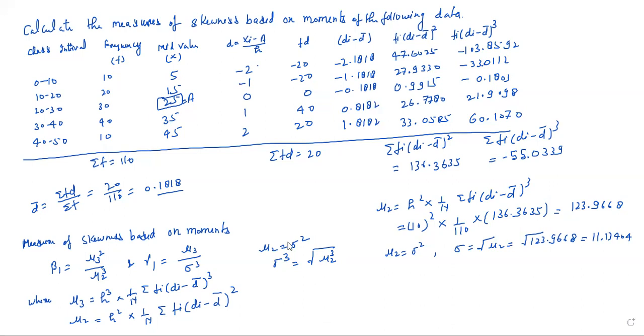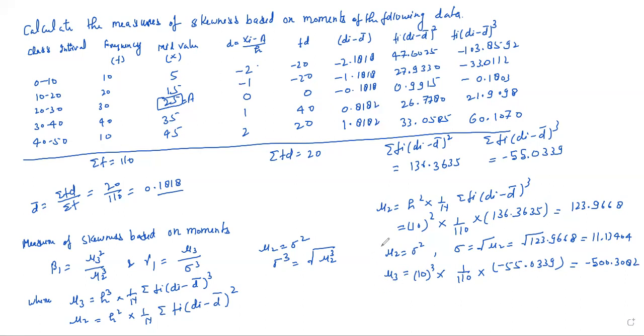Now calculate mu 3. So mu 3 is equal to 10 to the power 3 into 1 upon 110 into minus 55.0339. After calculating, we get minus 500.3082.